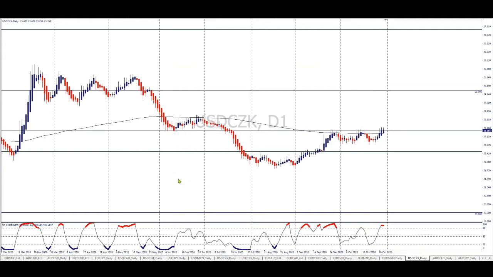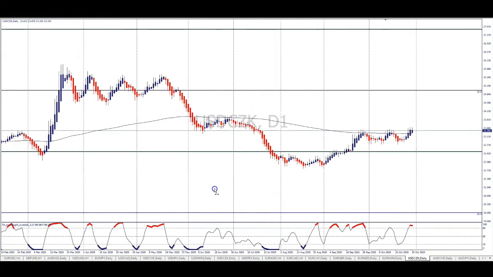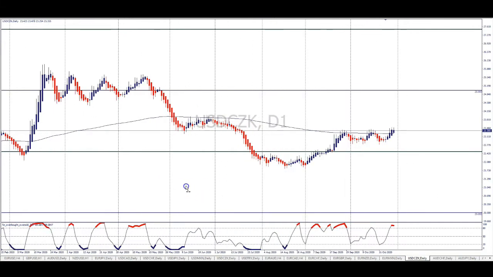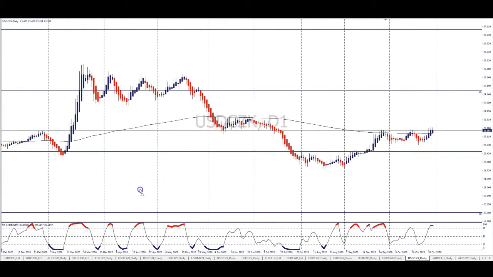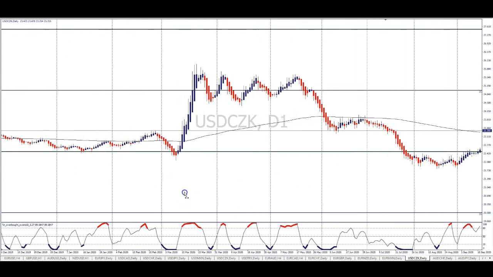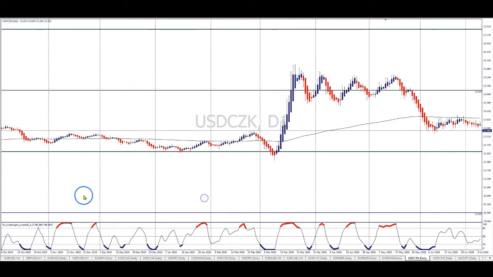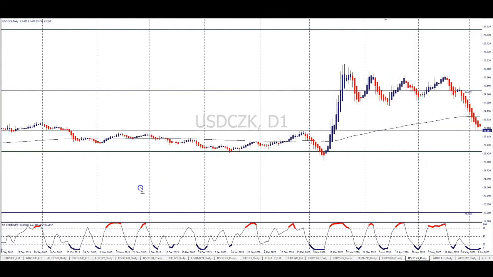They're rarely traded, which means the banks rarely manipulate these currencies. These currencies aren't highly traded by the Forex market, so the banks don't really go in and run stops, or there's really no manipulation to these currencies. That's why when you look back on a pair like the USD CZK, how smooth do these currencies run, right?